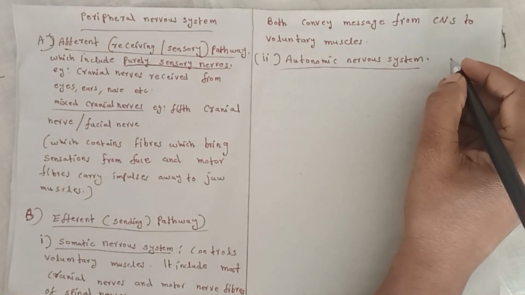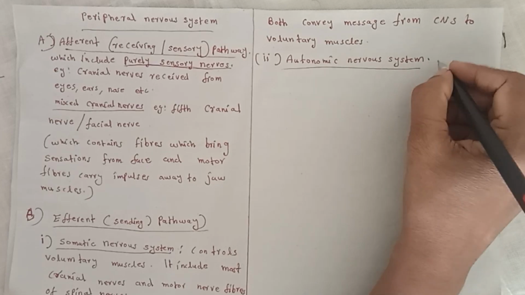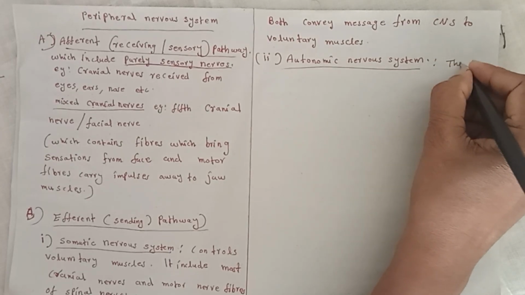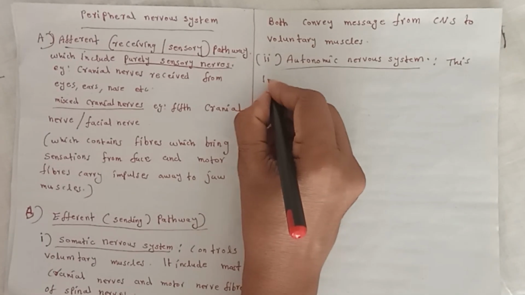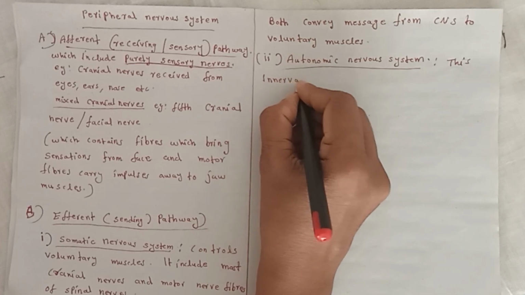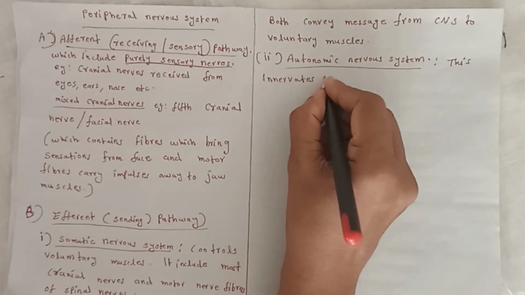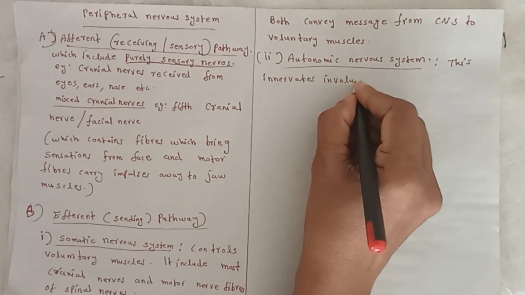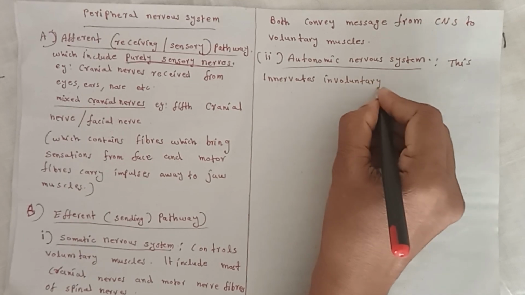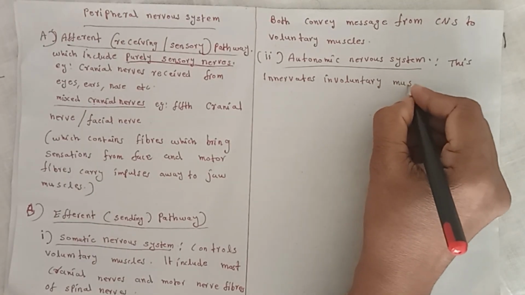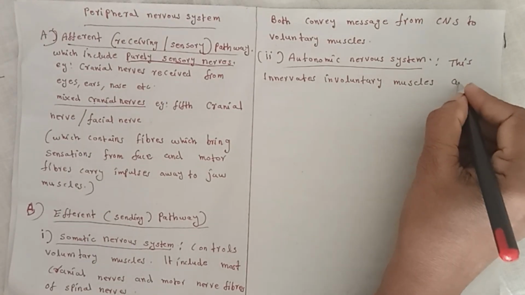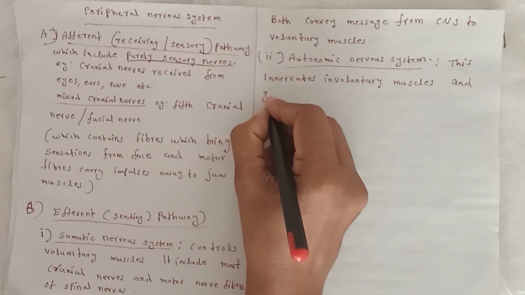The autonomic nervous system innervates the involuntary muscles and glands.